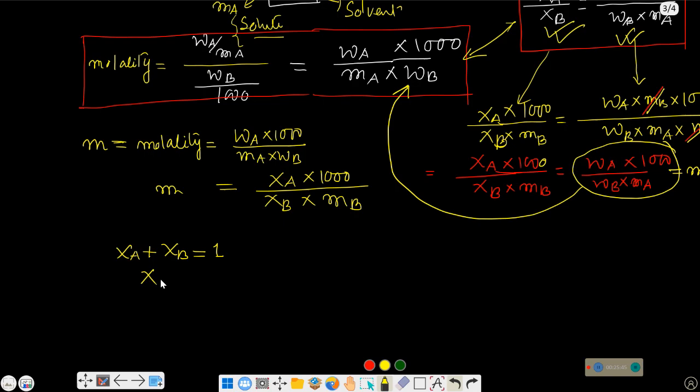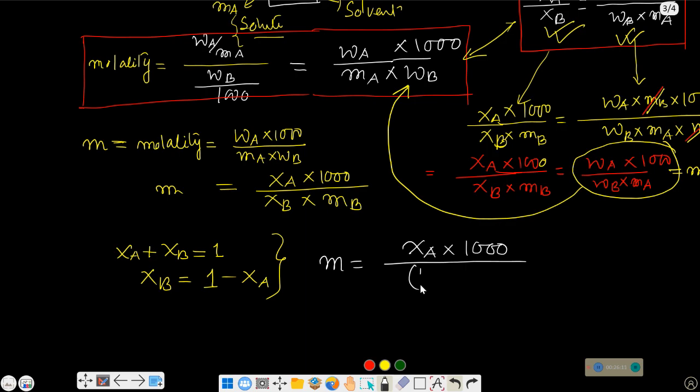So for the mole fraction of the solvent B, you can write it as 1 minus the mole fraction of A. So now this equation becomes, molality is equal to mole fraction of solute into 1000 divided by 1 minus mole fraction of solute into molecular weight of the solvent.